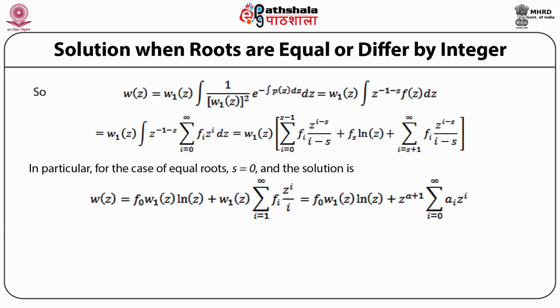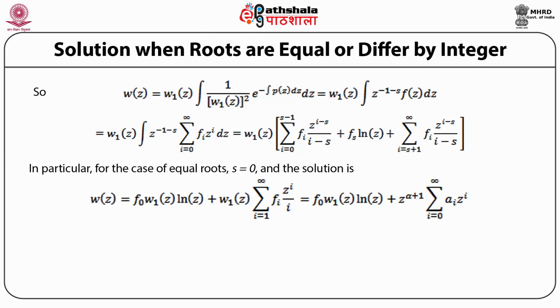In particular, for the case of equal roots, s is equal to 0 and the solution is w of z is equal to f naught times w1 of z into natural log of z plus w1 of z into summation over i going from 1 to infinity f i z raised to power i by i.